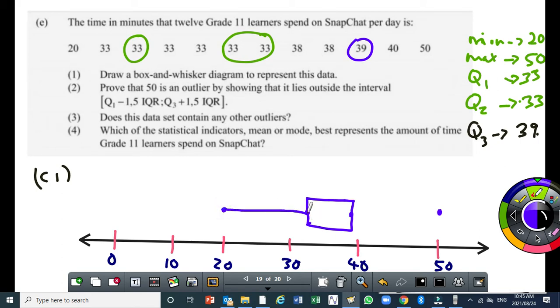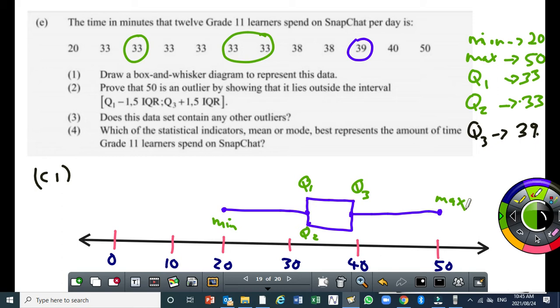So when you draw it, it has to look like this, whereby here we are going to have Q1 and Q2. Then this will be Q3, that's the minimum, and this is the maximum. Okay? Right, so it should look like this. You should expect a question of this type in your matric paper 2 on the 13th of September.